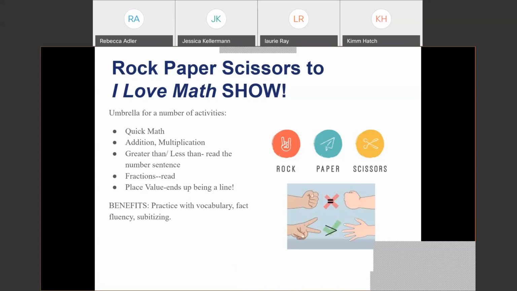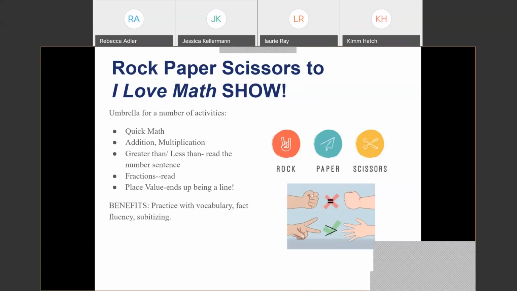I know one participant last year talked about proportions and ratios, which is a middle school skill. You could use it with decimals. There's a lot of ways that you can incorporate this activity and make it math related, or even vocab related.